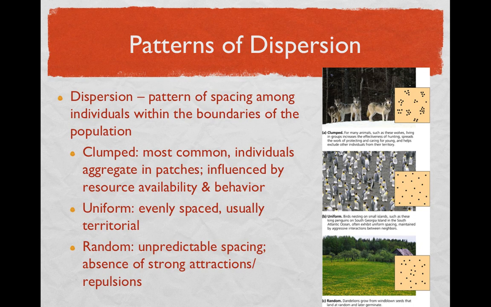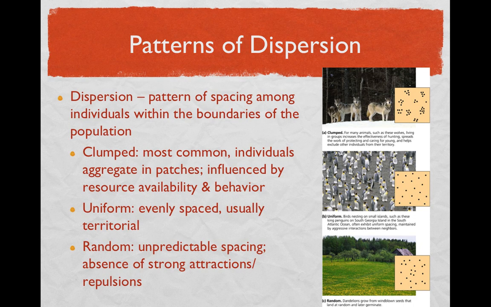Not only can we talk about just the sheer number of individuals in an area, but we can also start to take a look at how they disperse themselves within that area. And that's where these dispersion patterns, these spacing of individuals, becomes kind of interesting because, all right, it's great we know that there's 100,000 particular wildflowers growing in this area, but how do they space themselves out?